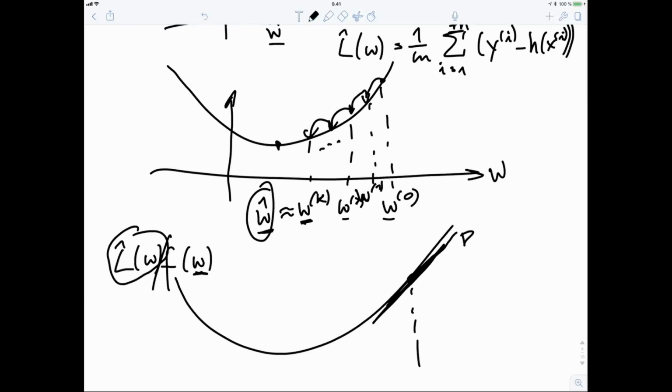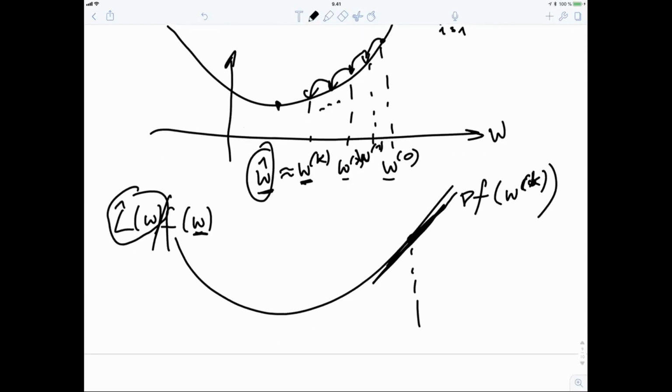So what we do then is we take the gradient. We compute the gradient at the current, let's say at the kth iteration, and then minimize this linear approximation. So gradient descent is based on the idea to locally minimize a linear approximation of the function.